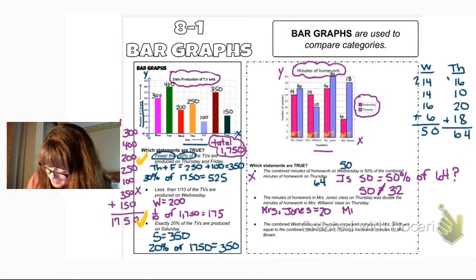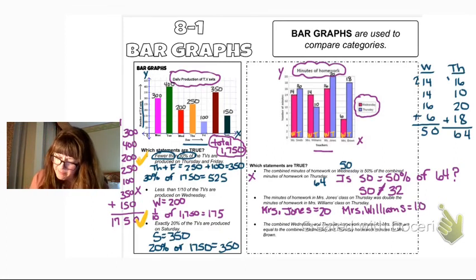And Miss Williams on Thursday was at 10. And this says the minutes of homework in Miss Jones' class, which is 20, was double the minutes of homework in Miss Williams' class, which was 10. And that's true. 20 is double 10.